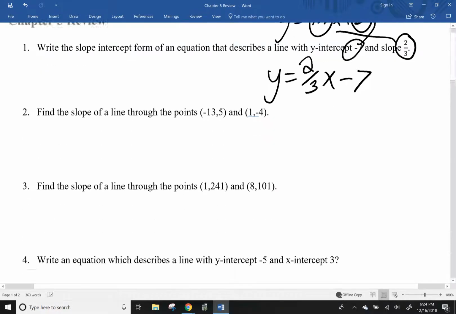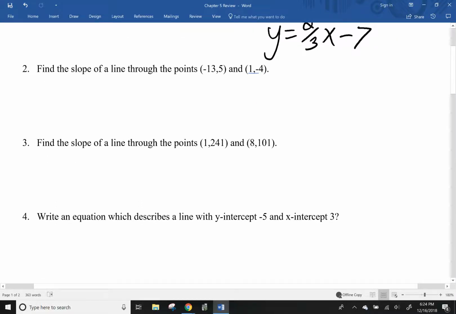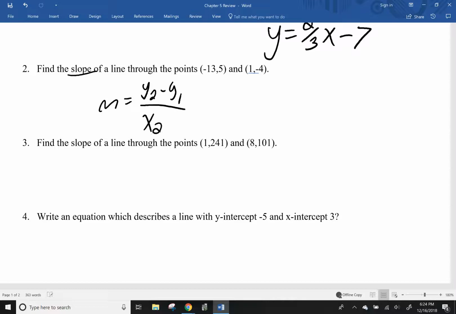Number 2, find the slope of a line through the points -13, 5 and 1, -4. So slope formula is y2 minus y1 over x2 minus x1. So if I call this point 1 and that point 2, then that makes this x1 y1 and this x2 y2.